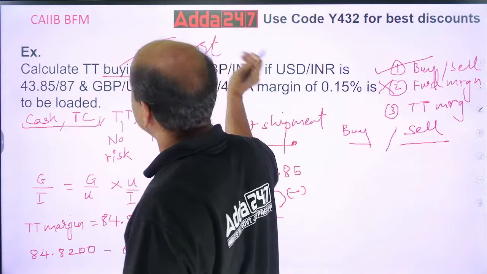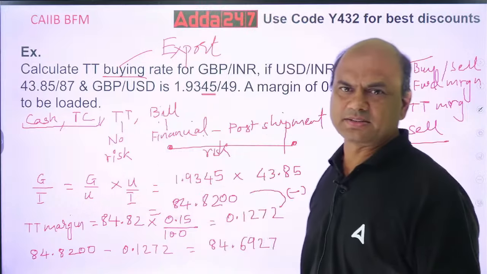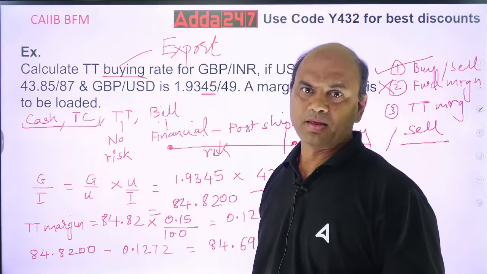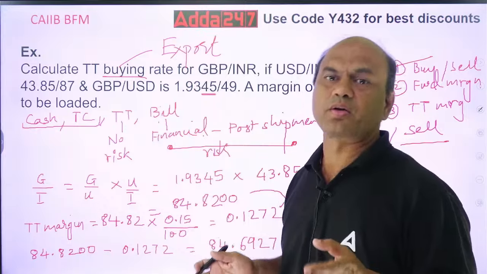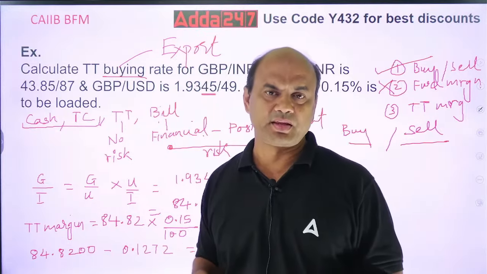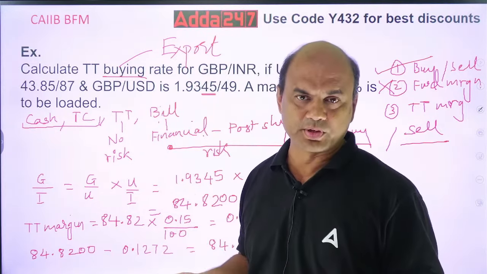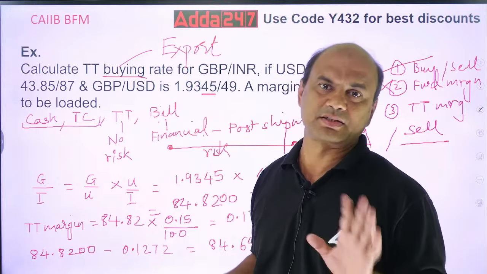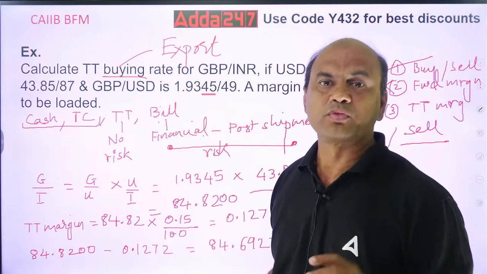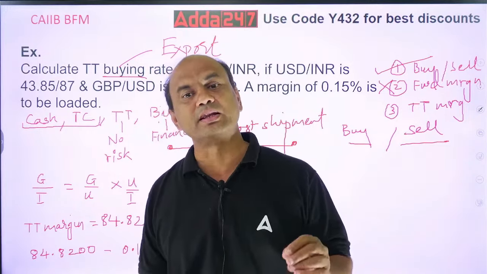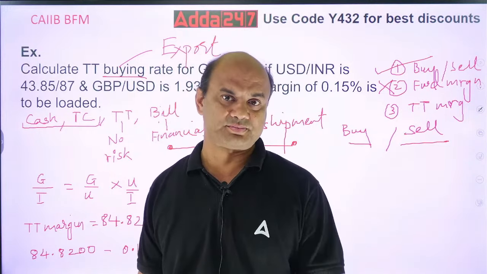And reverse is true for selling then. If selling is there, then import. If you have an importer, you are doing a selling transaction. If you have an exporter, you are doing a buying transaction. Simple. So first step is to look at whether there is a buy or sell transaction.